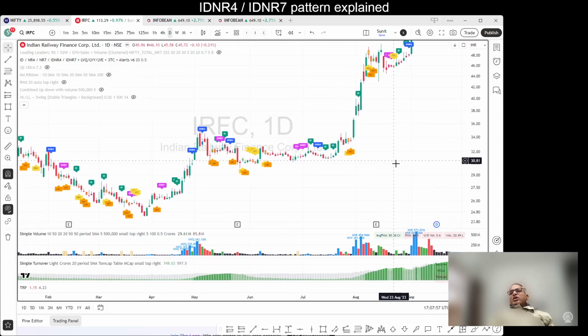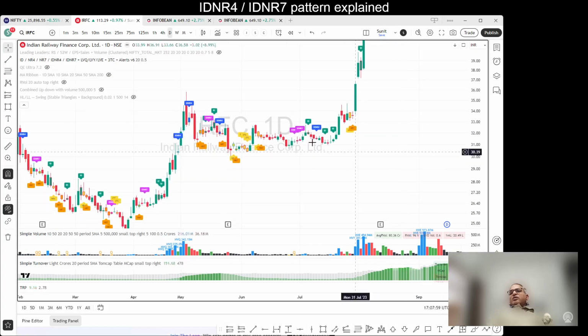You see this grouping. It was making lower lows. You got this combination. You can trade it both ways with a tighter SL. If I am aggressive, I can even place my SL just slightly below this candle.